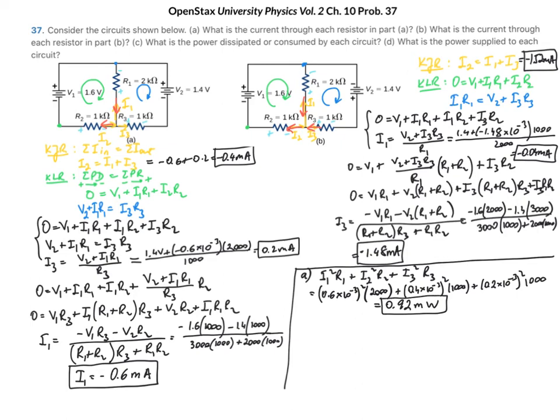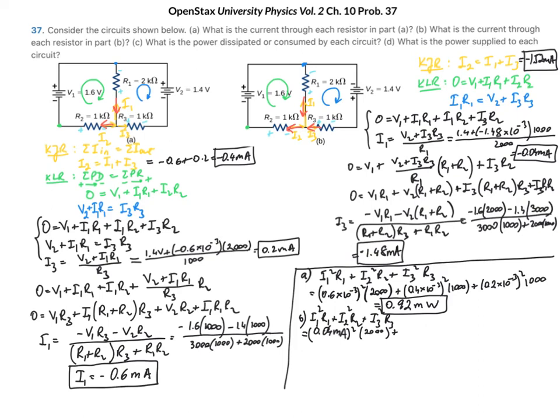Now, if we do the same thing for part B, so this is really C part B, we have, again, I1 squared R1 plus I2 squared R2 plus I3 squared R3. So I1 squared is 0.04 milliamps squared times R1, that's 2000, plus I2 squared.